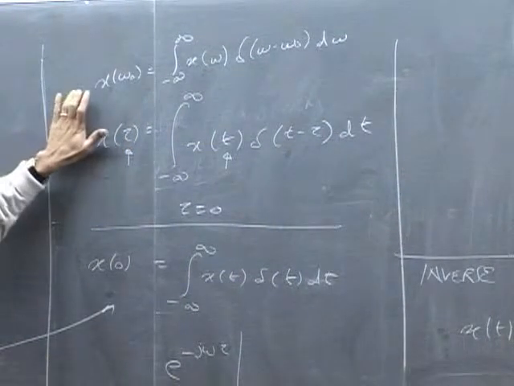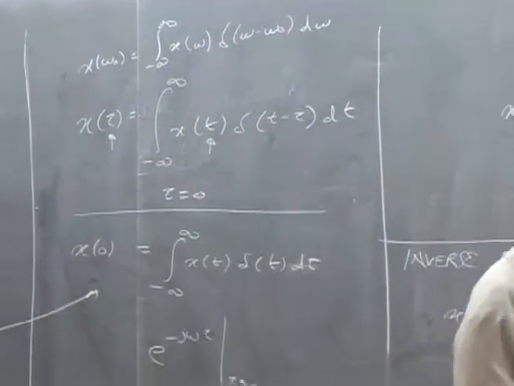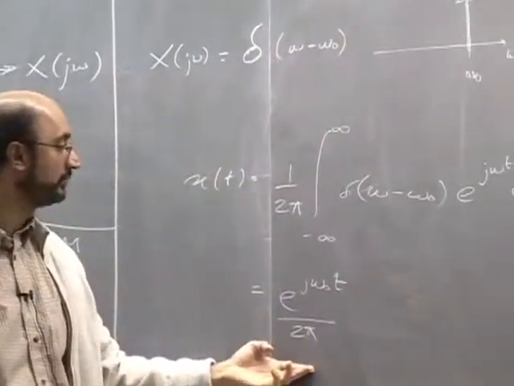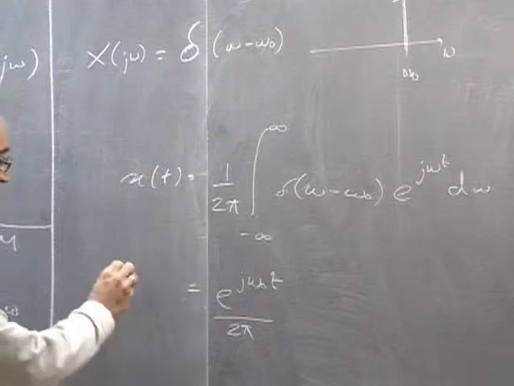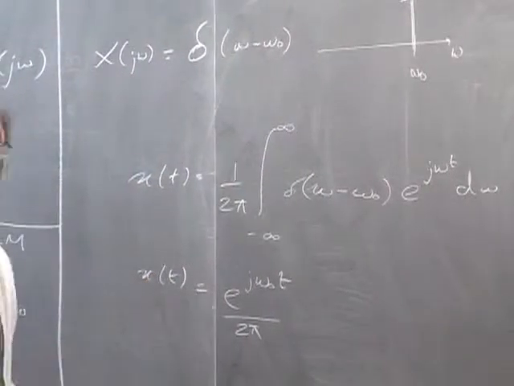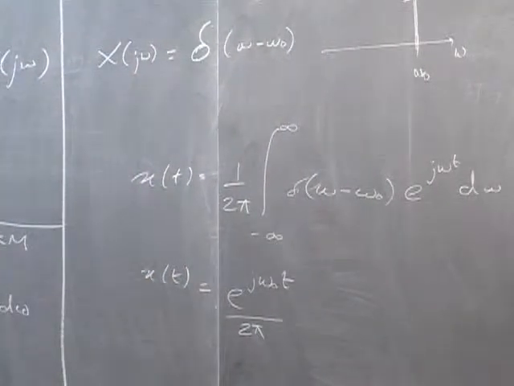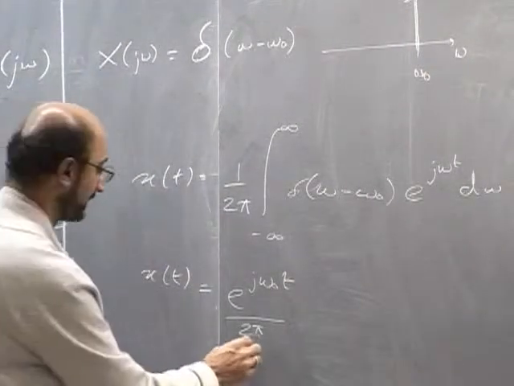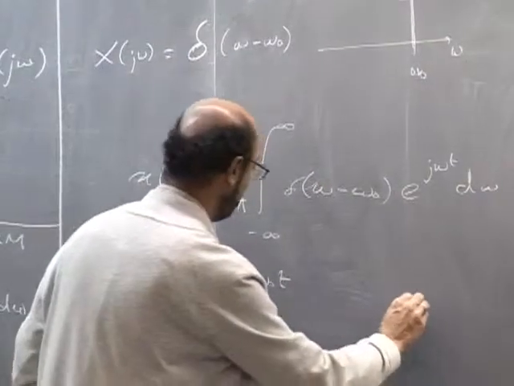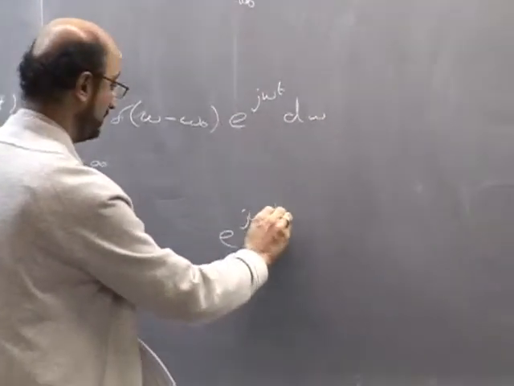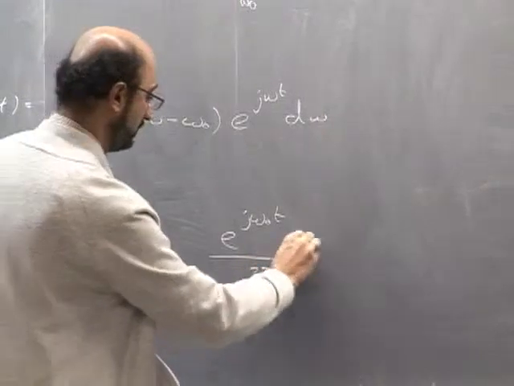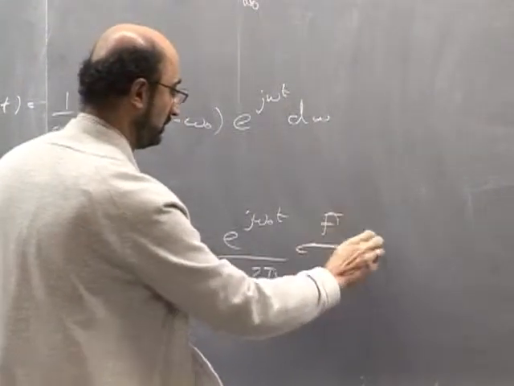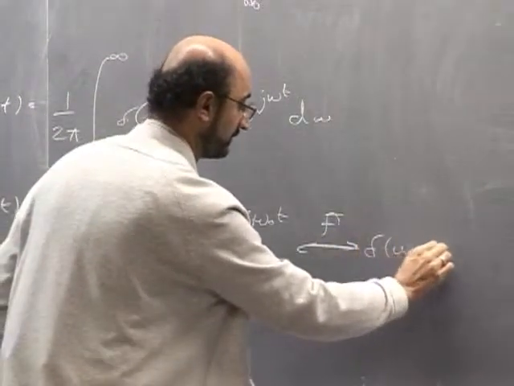So if I use this, I just plug it in over here. So e to the j omega naught t over 2 pi is what this is going to be. x of t is going to be this. And that gives us the homework assignment. So we can write this like this: e to the j omega naught t over 2 pi, delta of omega minus omega naught.